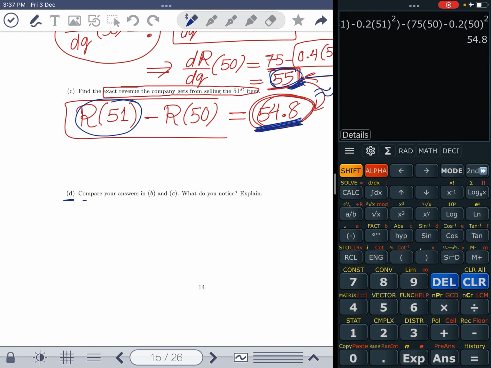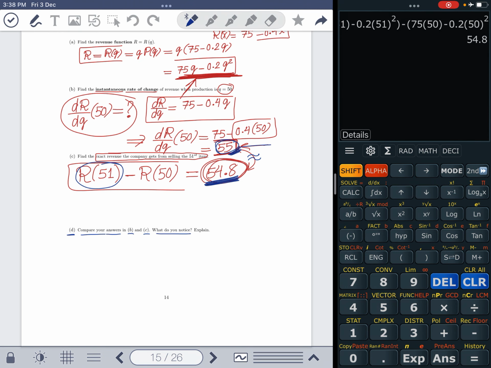In part D, compare your answers in B and C. What do you notice? Well, we notice that dR by dQ, this marginal or instantaneous rate of change, or marginal revenue at Q equal 50, is approximately the same as R of 51 minus R of 50.